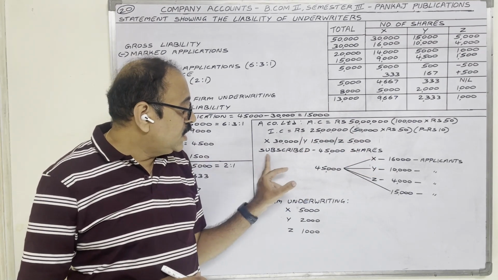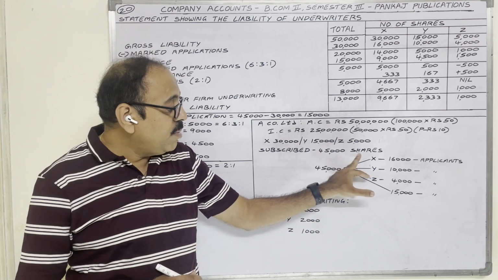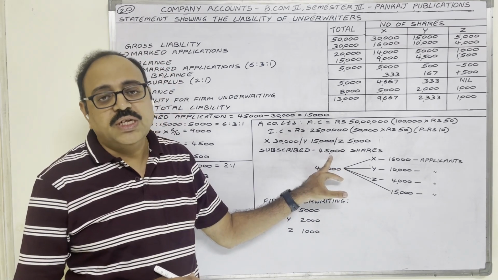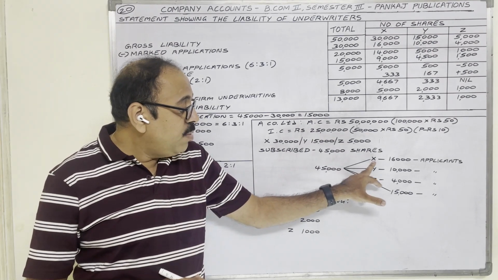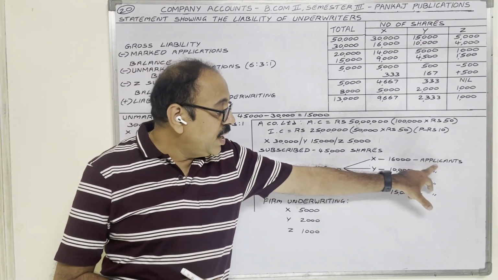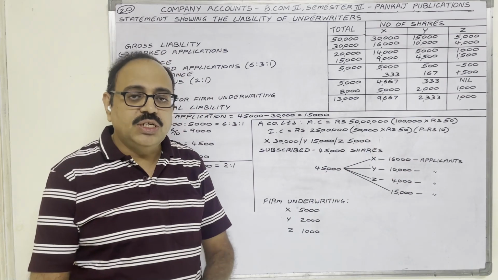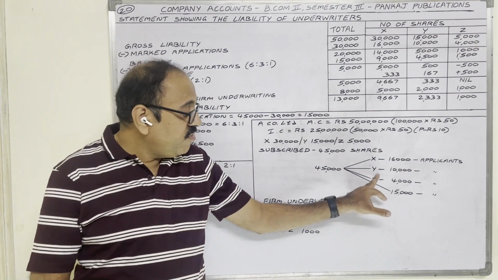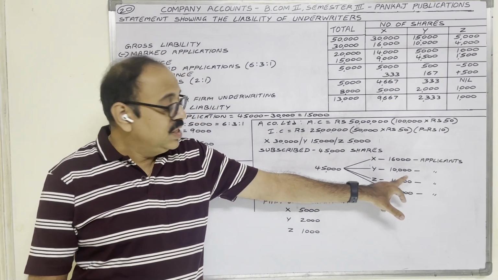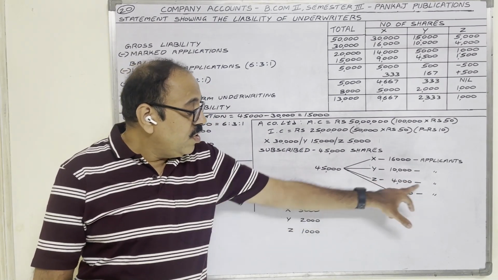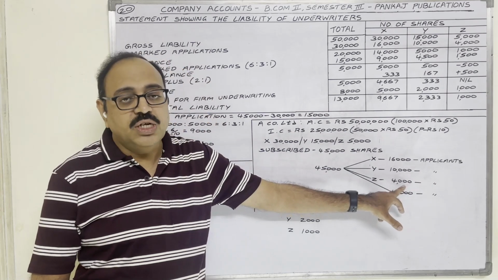Next, the subscribed shares: people applied for 45,000 shares. In these 45,000 shares, with the help of X, some applicants applied for 16,000 shares. With the help of Y, applicants applied for 10,000 shares. With the help of Z, applicants applied for 4,000 shares.